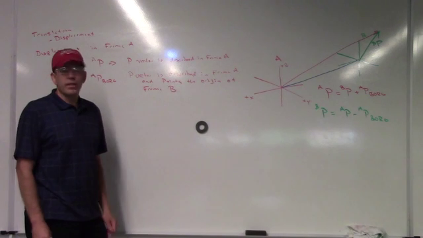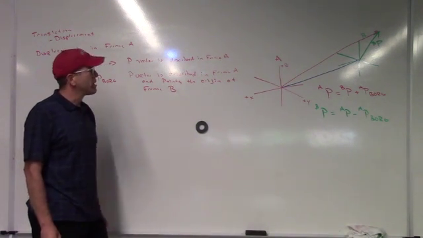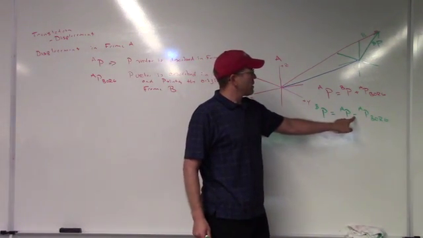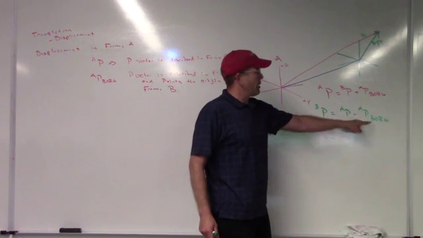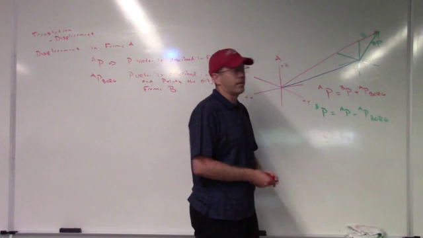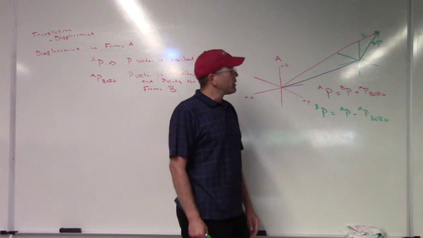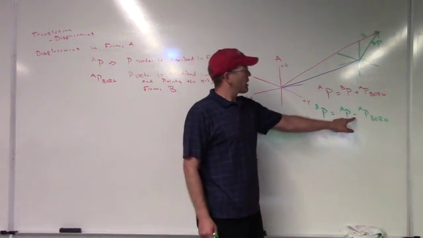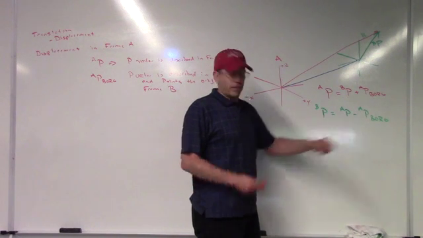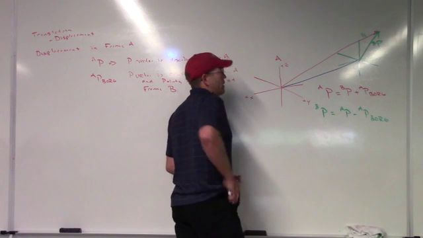Now this is an important point here, and you'll see why in a minute. How could we interpret this minus the position vector from A to B? If we're subtracting a vector, we're pointing the other direction.